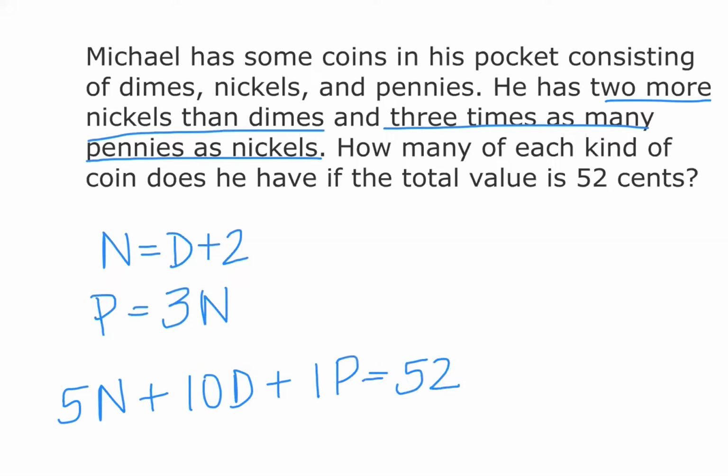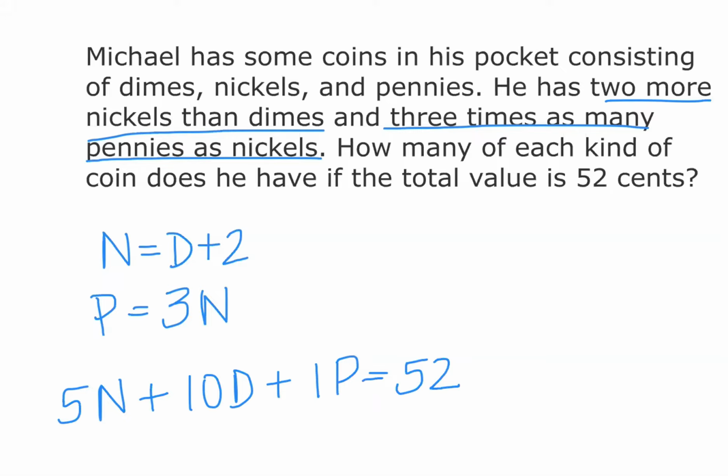So why are we multiplying by the number of cents that each coin is? It's because it's telling us that the value of all of them is 52, which means when we add them together, we get 52. So we have to multiply, because if the variable represents the number of coins, we have to multiply by the value of that coin, okay?